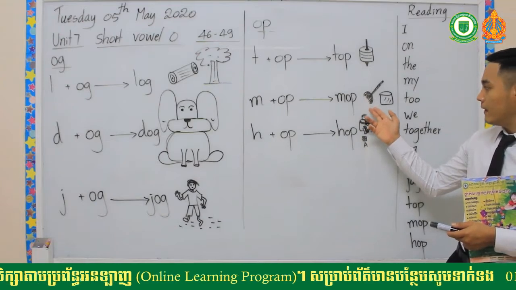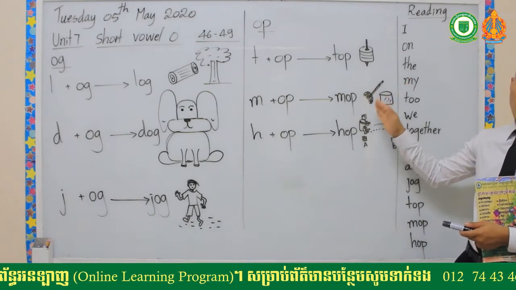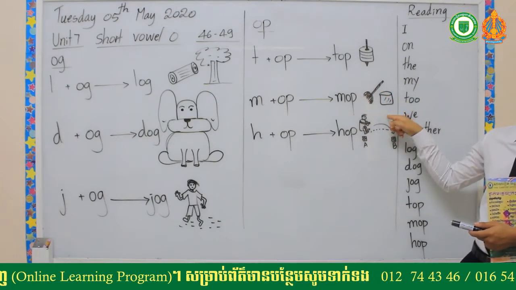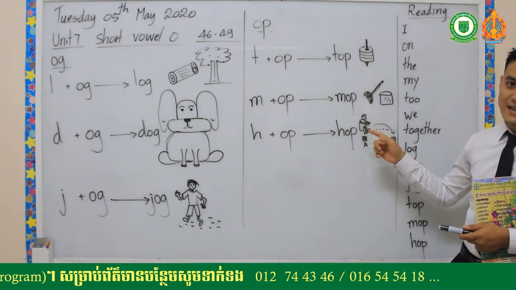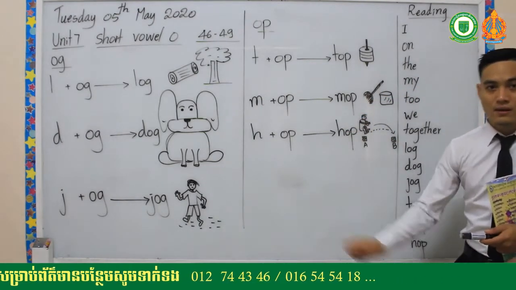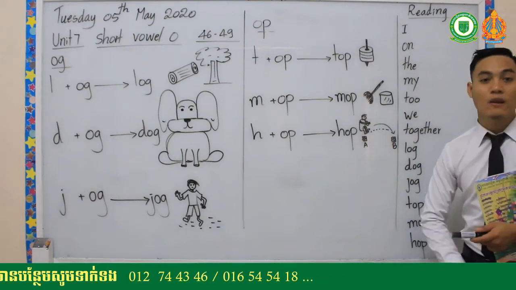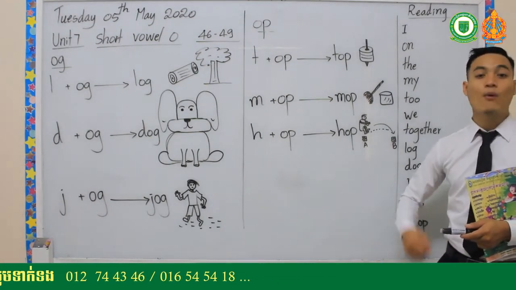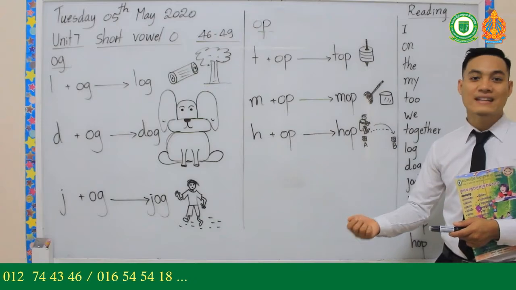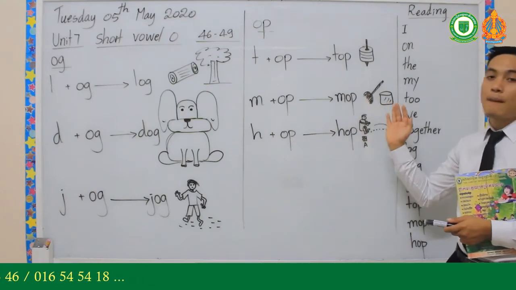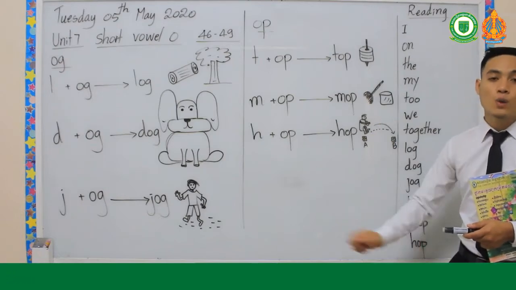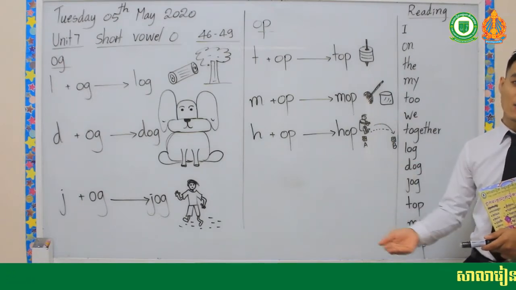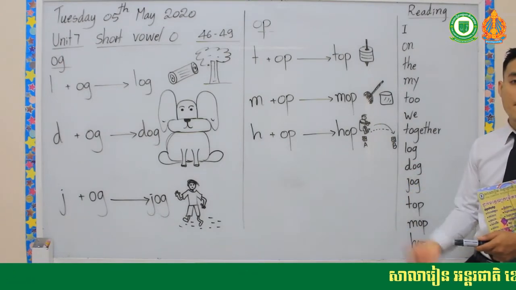You put the mop into the water to make the mop wet, and then you use the mop to wipe the floor to make the floor cleaner. So you use a mop with water to wipe the floor in your room or in your house. So this one is mop.